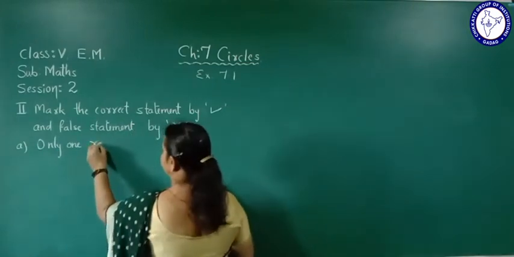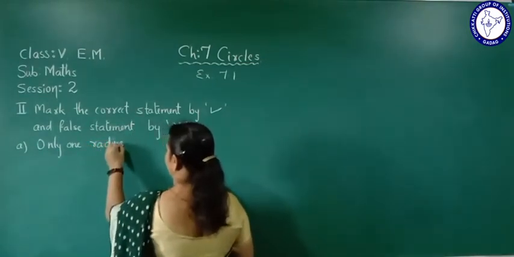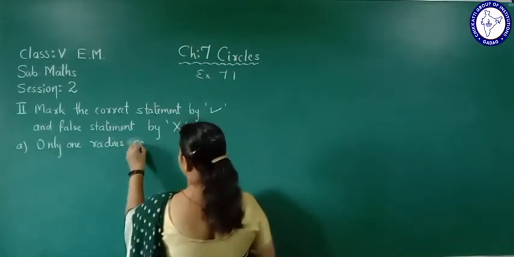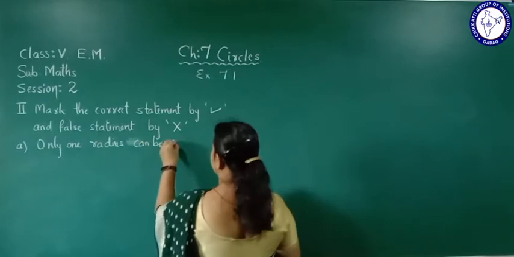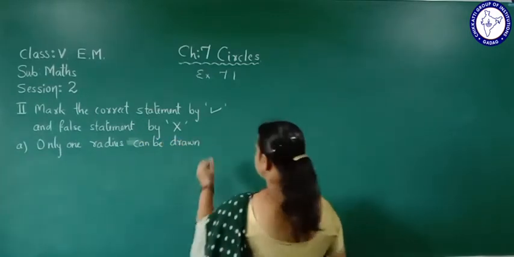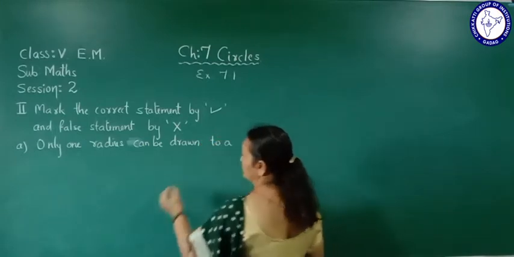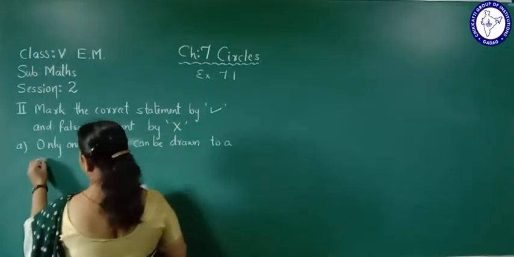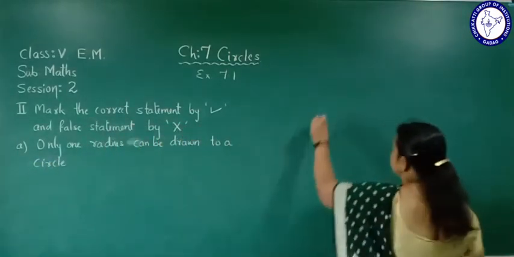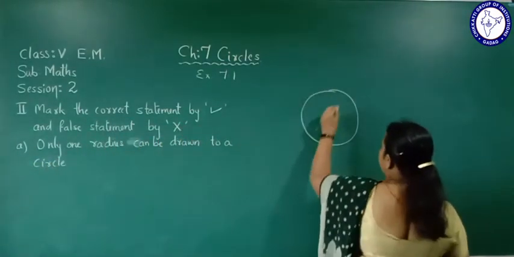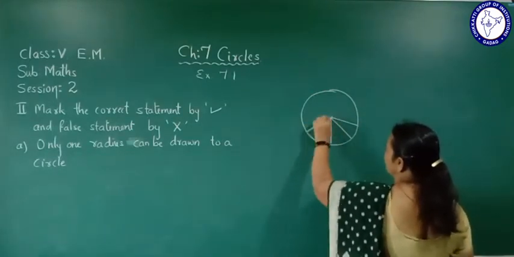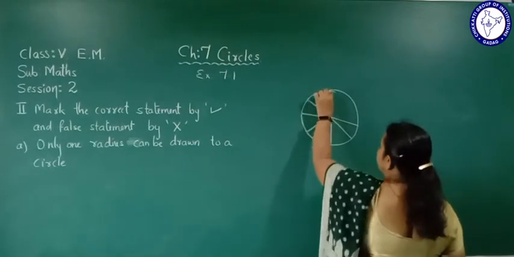Radius is drawn, radius can be drawn to a circle. Say here, in a circle, if it is a circle, then in a circle you can draw as many radius you want, and they are called radii.